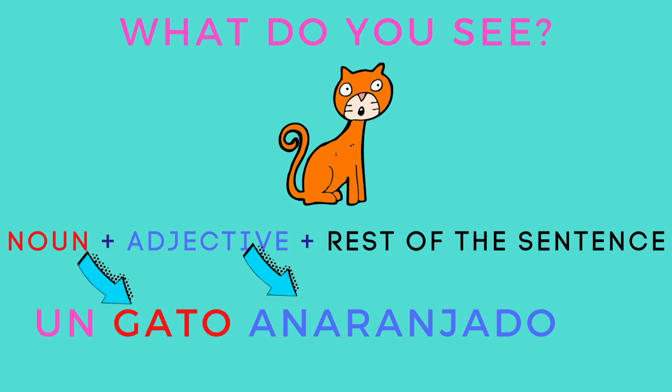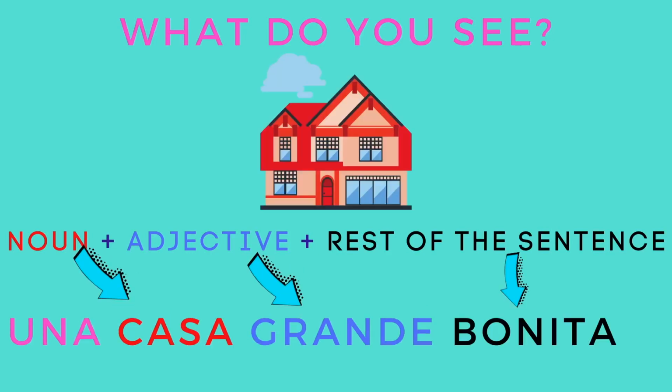Let's try with another example. What do you see? ¿Qué ves? Muy bien. Here we have the same word order. Una casa. The noun is casa. It's the name of a place. Then comes the adjective.